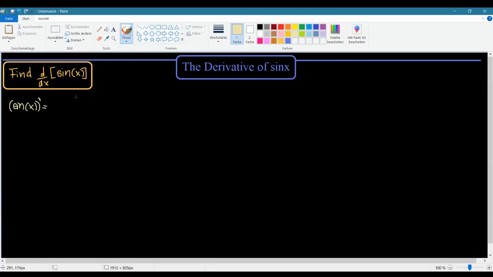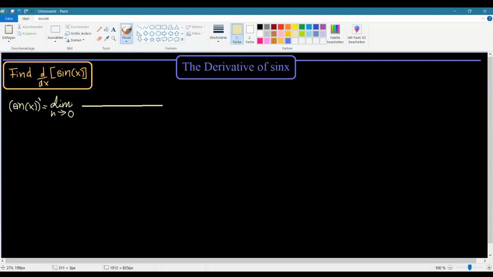So what we're going to do is plug sine x into the differentiation formula, which is the limit as h approaches 0 of f of x plus h minus f of x over h.